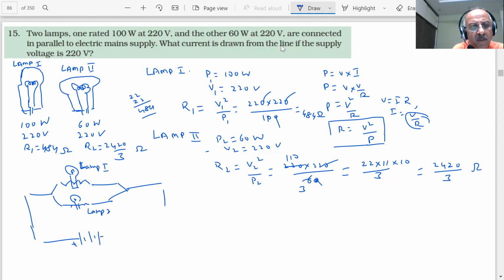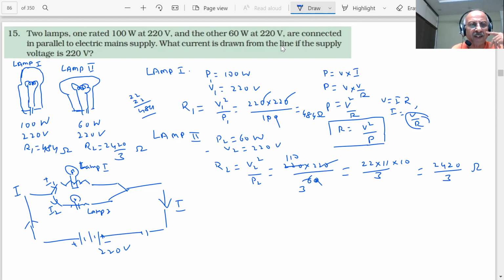Main supply is coming, students. So current is flowing. How much current will be there? This is 220 volt. You want to find the value of I. Here it gets divided into two parts, I1 and I2. But what comes out is I, like this. Okay?